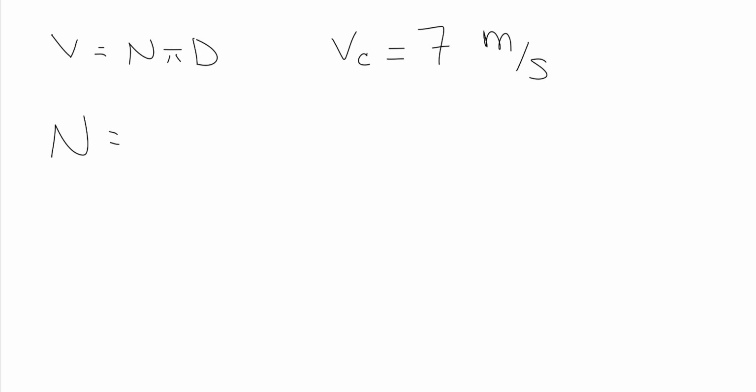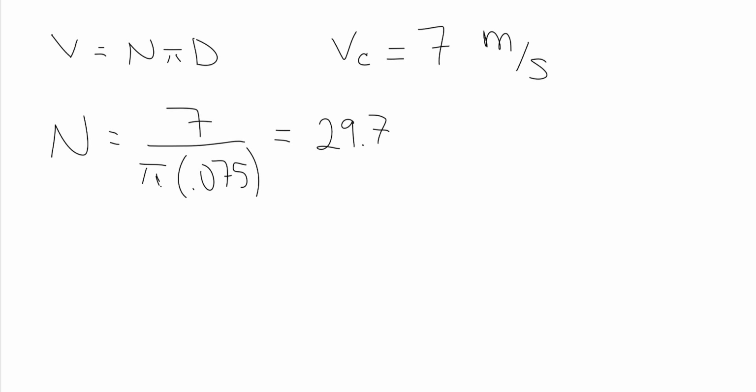So N is equal to velocity, so 7 over pi, and the diameter remains the same, 0.075. In this case, we get 29.7 revolutions per second. Once again, let's multiply by 60 to get it into minutes, and we get 1,782 RPM.